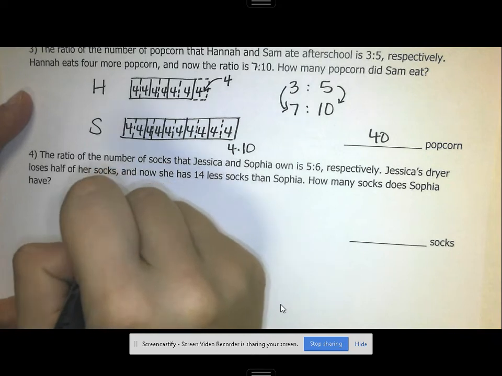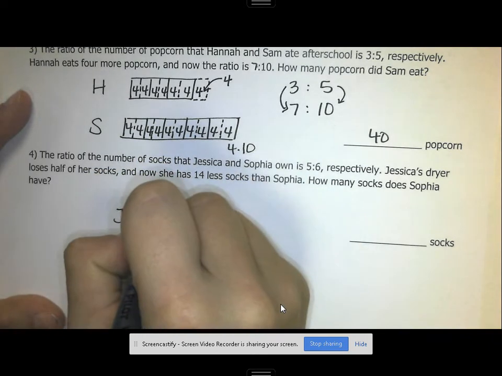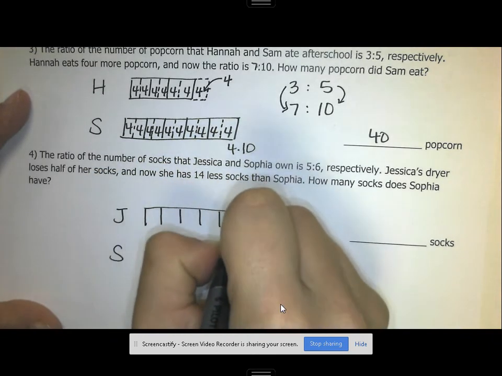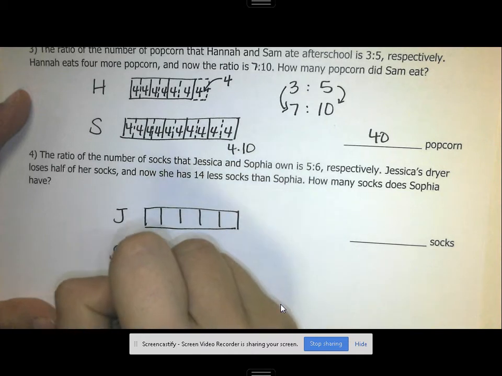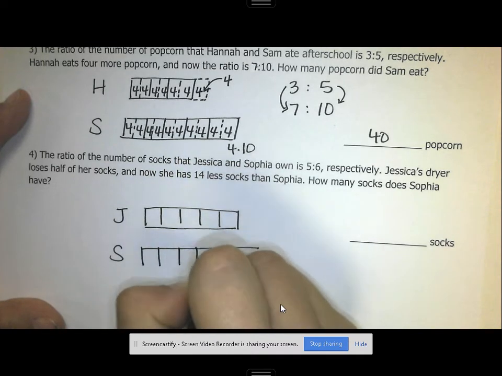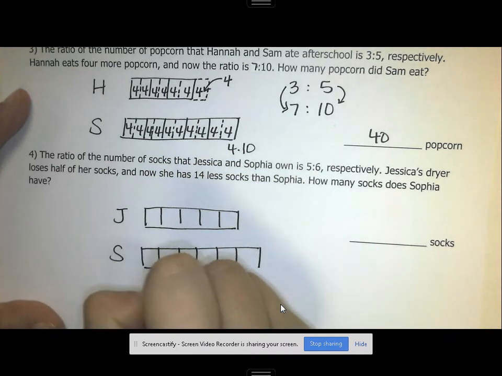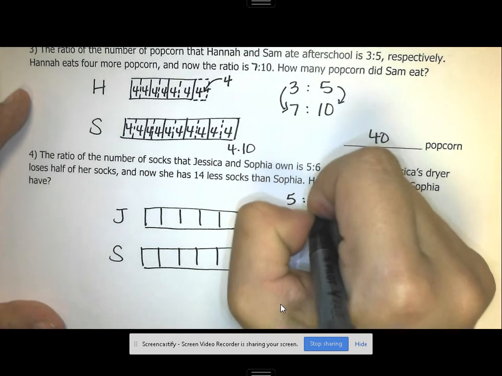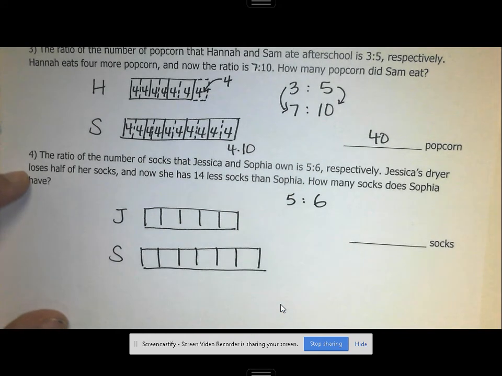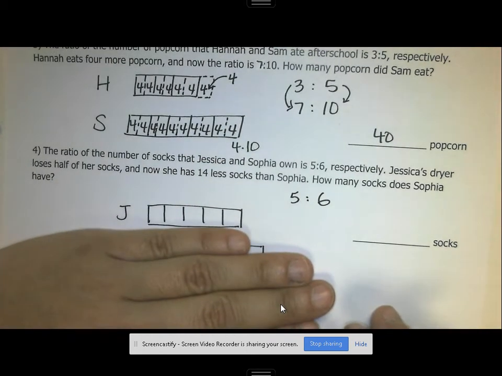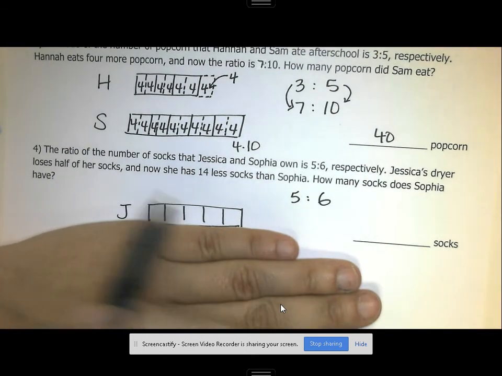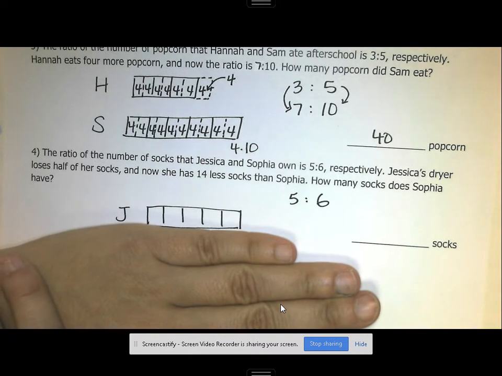The ratio of the number of socks that Jessica and Sophia own is 5 to 6 respectively. Jessica has 5. Sophia has 6. Jessica's dryer loses half of her socks, and now she has 14 fewer socks than Sophia. So Jessica loses half of her socks, so I have to cut half of Jessica's socks out of the picture.